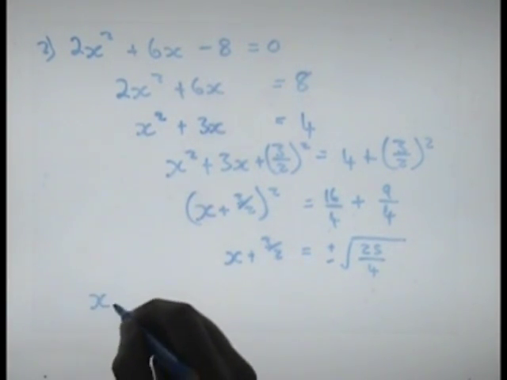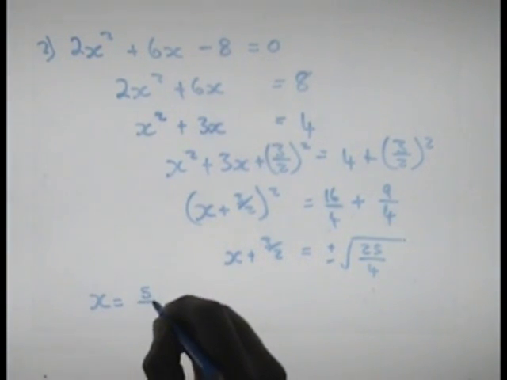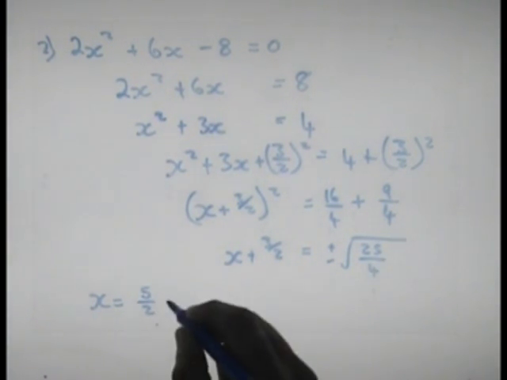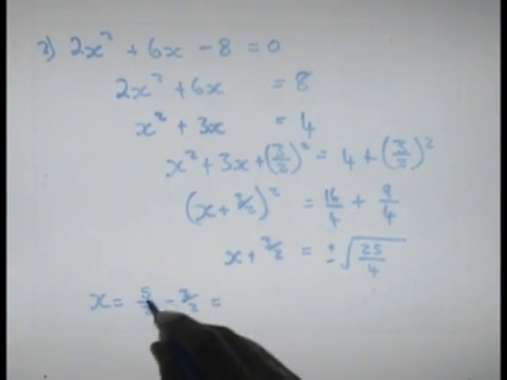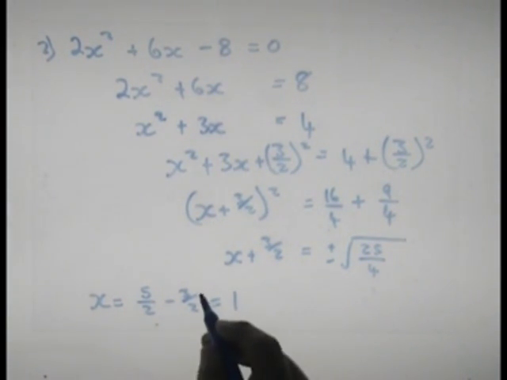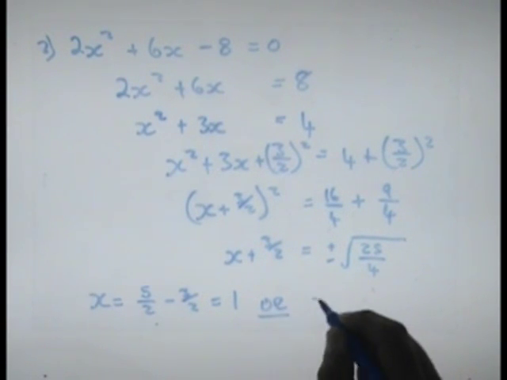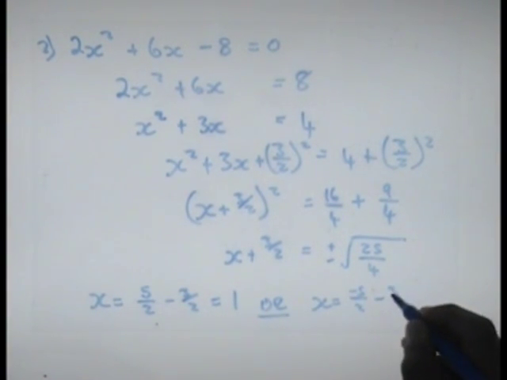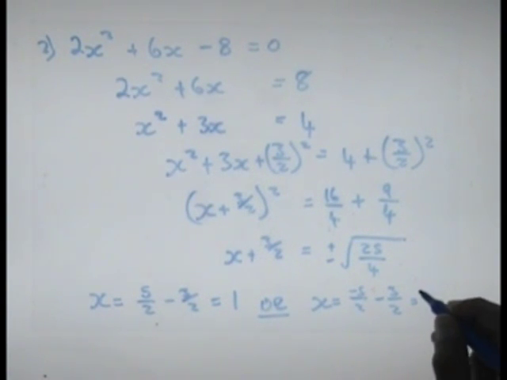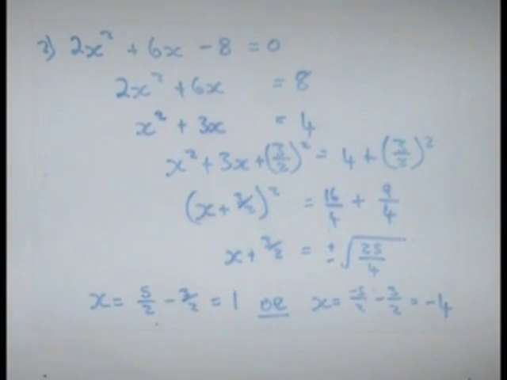That means that either x is equal to positive root 25 over 4, which is equal to 5 over 2, 5 over 2 minus 3 over 2, which is going to equal 1. 5 minus 3 is 2, 2 over 2 is 1, or x is going to equal minus 5 over 2 minus 3 over 2, which will equal negative 8 over 2, which is the same as negative 4.